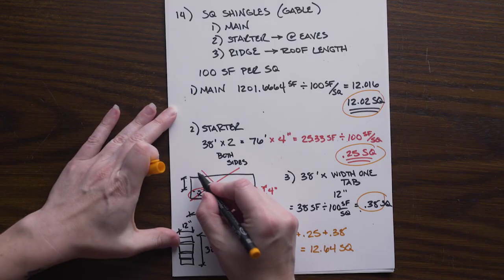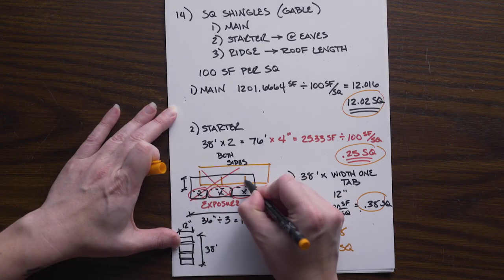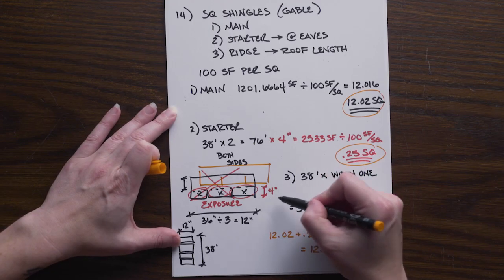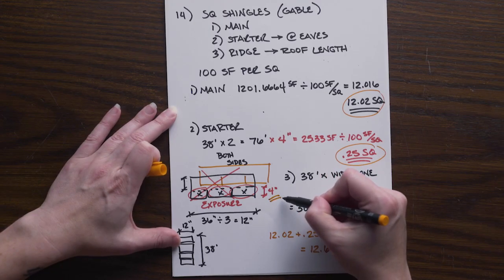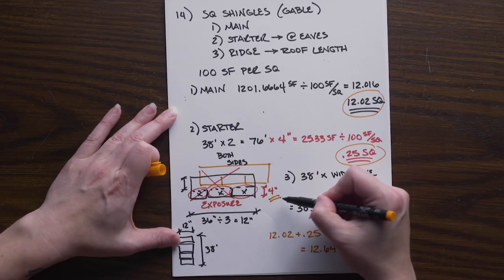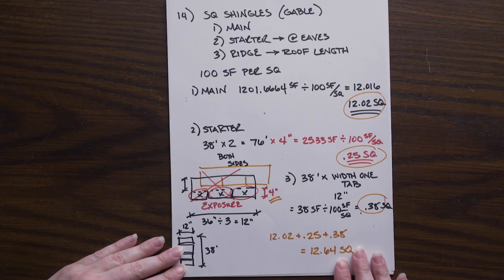Our next shingle would come in and cover that portion. So everything is based off of that exposure number, regardless if that's the portion of the shingle that's used or not. So that concludes the roofing materials sample problem.